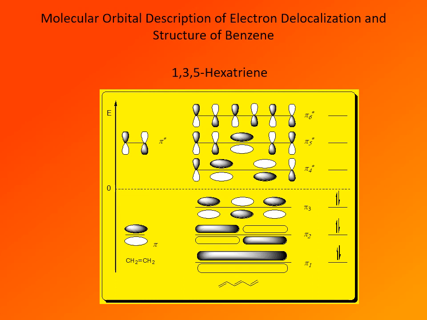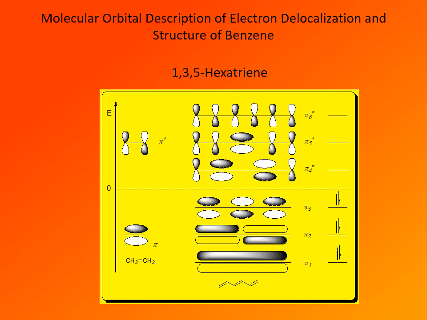And then the highest energy bonding molecular orbital, the HOMO, the highest occupied molecular orbital, pi 3, has 2 nodes, between carbons 2 and 3 and 4 and 5. Note that the pi 3 molecular orbital looks very much like the valence bond formula of 1,3,5-hexatriene shown at the bottom. That illustrates the weakness of the valence bond formula, because it represents only 1 pi orbital, and it is not capable of showing electron delocalization.